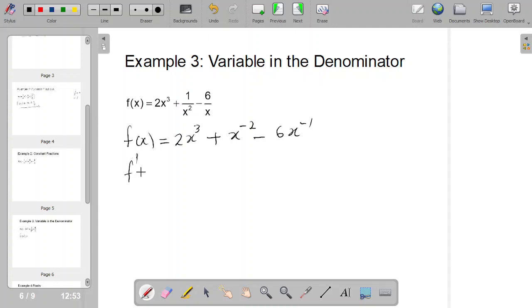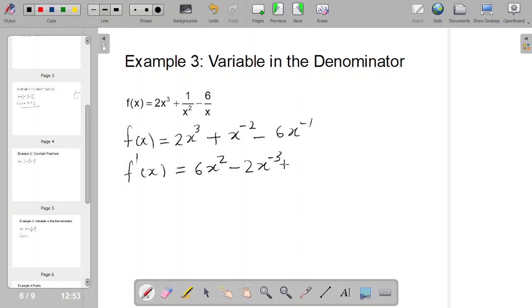So you say f prime of x equals 3 times 2 will give you 6, x, 3 minus 1 is 2. You come here, you say negative times positive is negative. 2 times 1 is 2, x, minus 2 minus 1 would be minus 3.